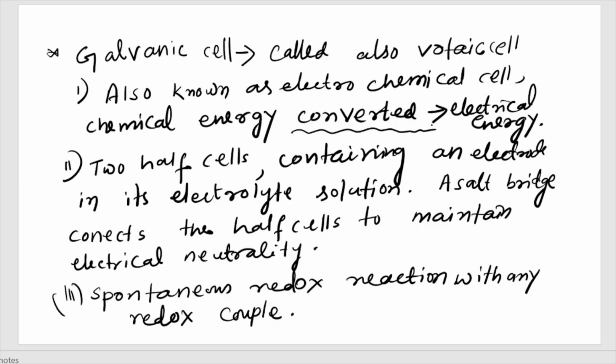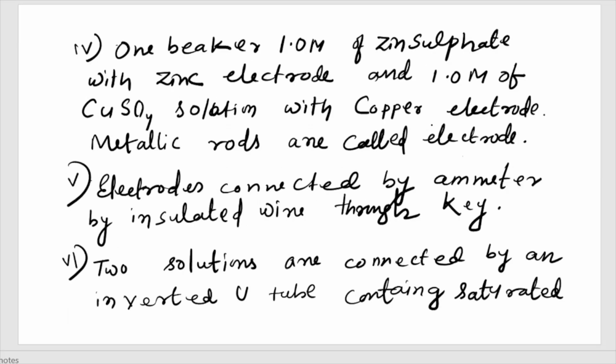Spontaneous reaction with any redox couple. Any redox reaction you can make spontaneously with the help of a redox couple. I told you that a redox couple is an oxidized and a reduced substance in contact. So you can prepare any spontaneous redox reaction with the help of a redox couple.